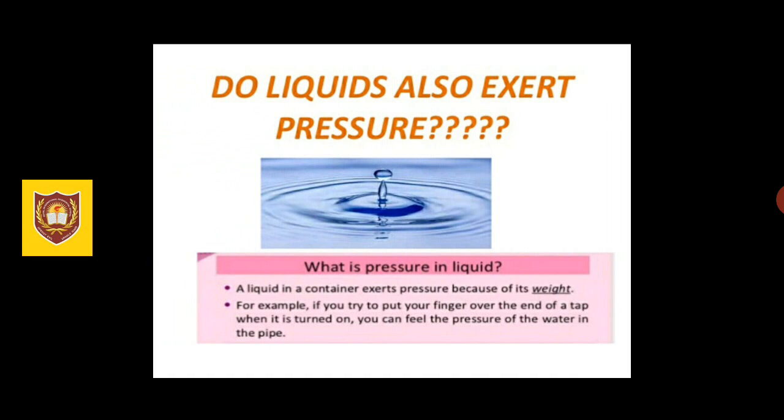If you see a leaking pipe, note the water coming out of the pores. You must also have seen bath showers and fountains from which water comes out of tiny holes. In all these cases, you can feel the pressure of the water. It shows that liquid in a container exerts pressure because of its weight.